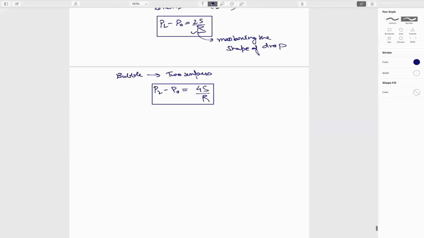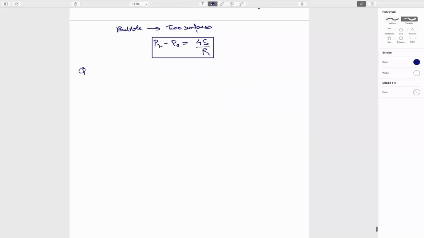Okay. Now let's look at one question. So the question is, we have an air chamber and there are two bubbles. Keep in mind, now I am saying there are two bubbles. So one is of radius 2 centimeter, R1 is 2 centimeter, and another one is of radius 4 centimeter.